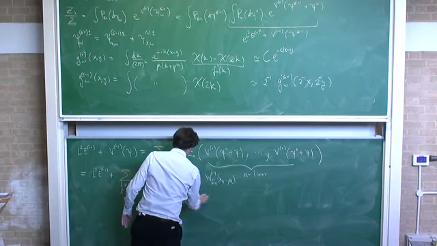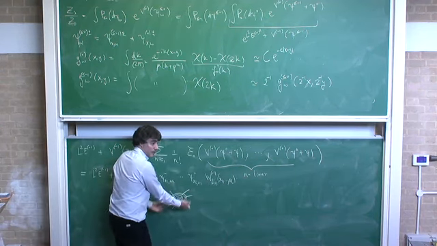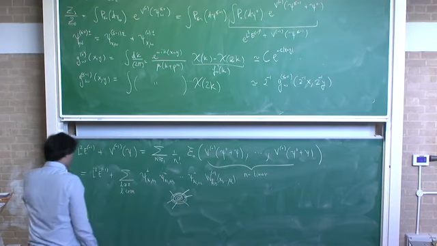So the kernel of a new effective vertex with L external x. In the example, L equals 6.